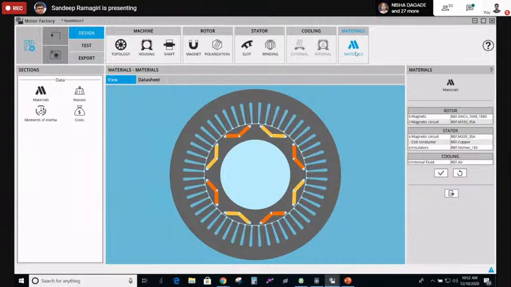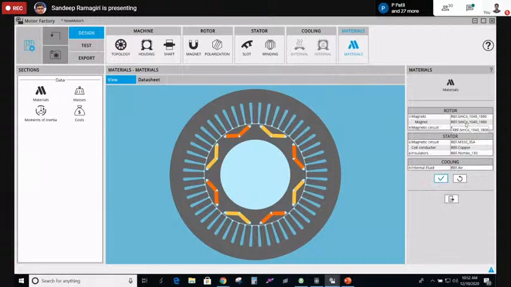The first one I would like to assign is for the rotor. So rotor magnets, let me select. It's basically NdFeB magnets.